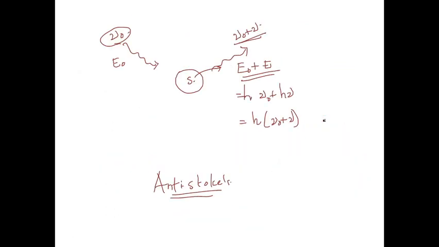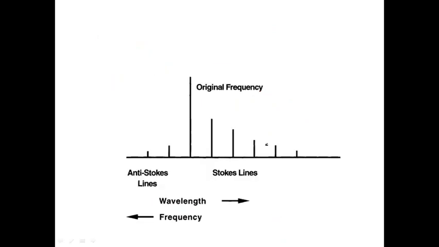Now if we draw the frequency curve, that is, if you plot the frequency along the x-axis and the corresponding intensity along the y-axis, we can see that there is a component in the output side. We have the Rayleigh scattering process, which results in the light that is observed at the original frequency itself, and there are additional lines that are being generated.